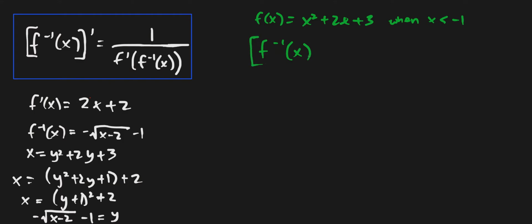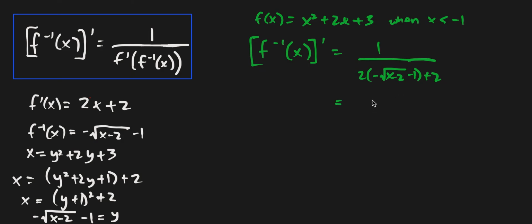And then the derivative of this is going to be equal to 1 over, so what's the derivative? That's 2 times something plus 2. That something is going to be negative root x minus 2 minus 1, which is the inverse. I need more space for that, so I'm just going to erase this part and write that in. So this is negative square root x minus 2 minus 1 plus 2.